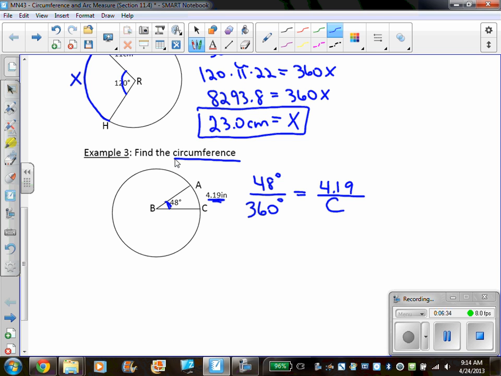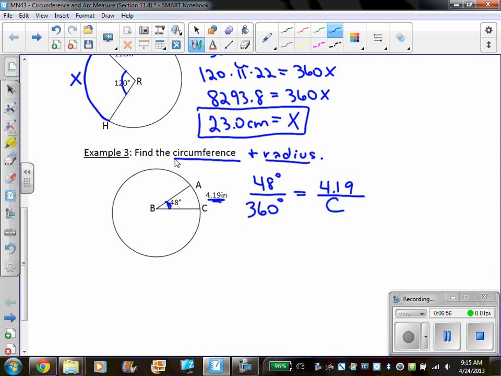I do want you to take a step back here at example number 3 and find the circumference, and I also want you to find the radius here, and that does help with the homework a lot. Okay, so let's again reiterate. We have 48 degrees as the arc measure over 360 degrees equals the arc length 4.19 over the circumference.